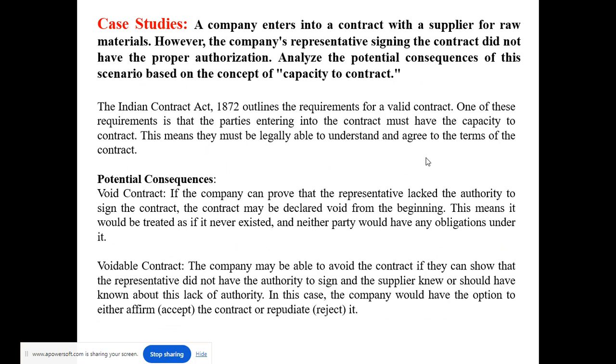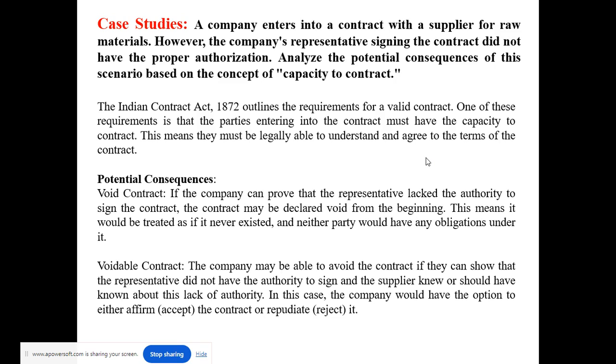The Indian Contract Act 1872 outlines the requirements of a valid contract. The consequences include the question of what is a void contract. If the company can prove that the representative lacked the authority to sign the contract, the contract may be declared void from the beginning itself. This means it would be treated as if it never existed, and neither party would have any obligations under it.